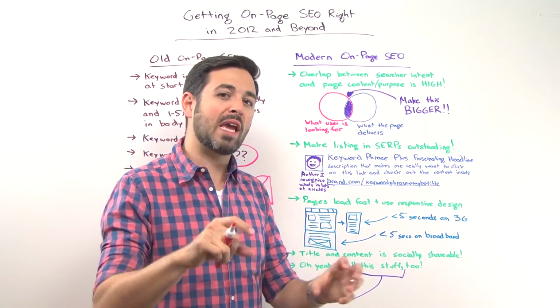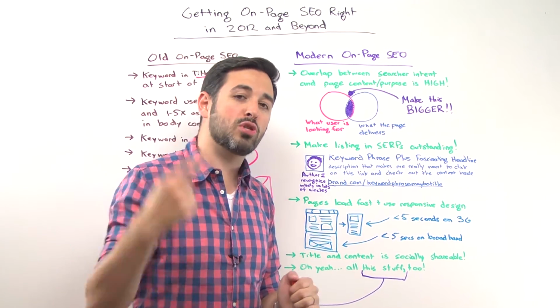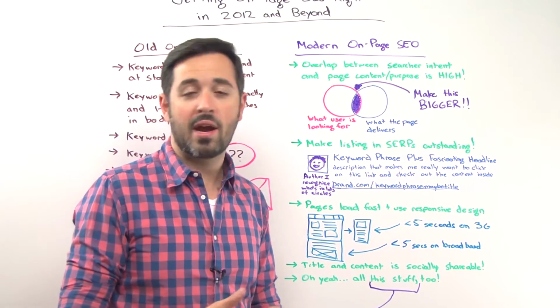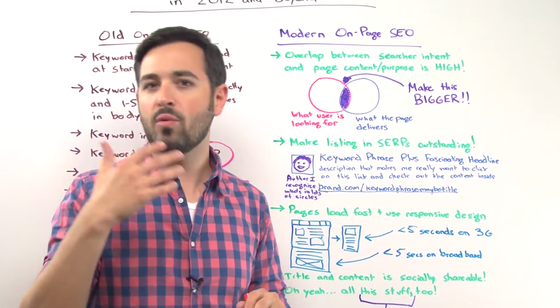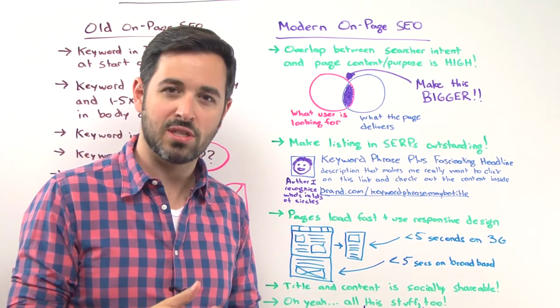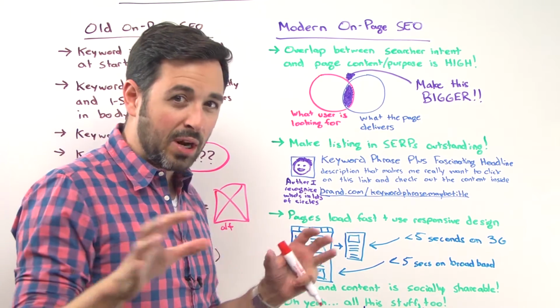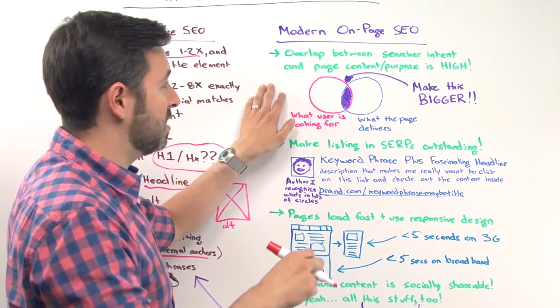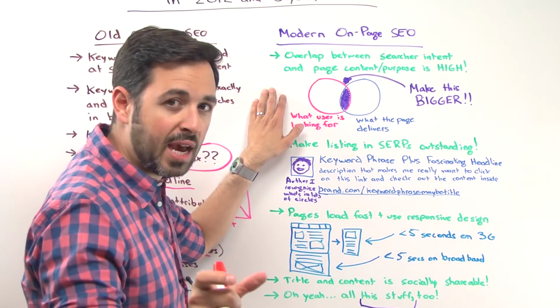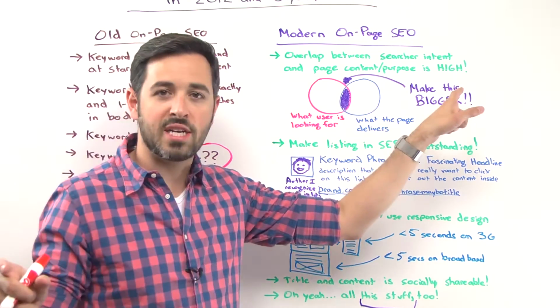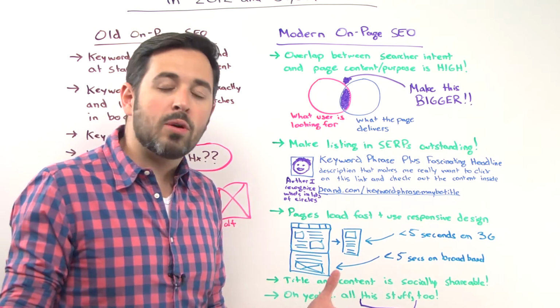Just ranking for something used to produce a lot of value, in terms of getting visits, brand awareness, and maybe direct conversions. But unless we overlap the searcher intent, what users want, and the page content purpose, we're missing out.